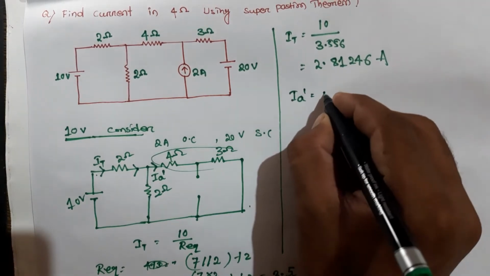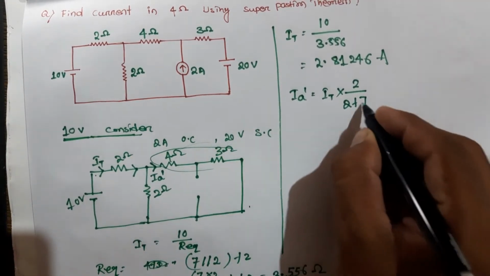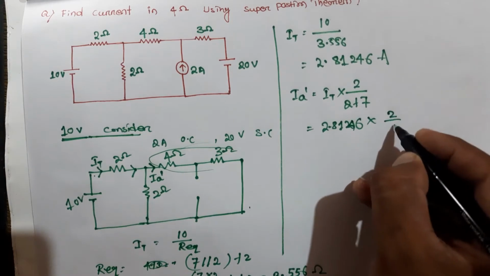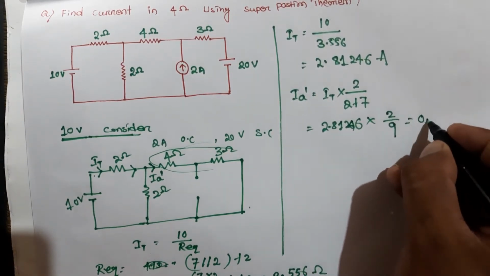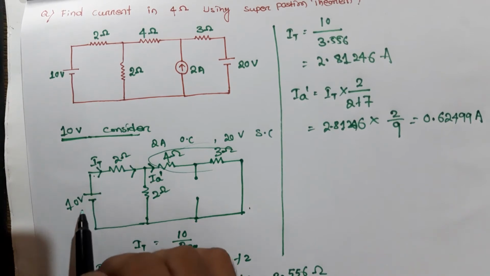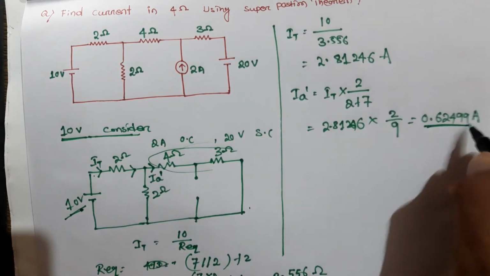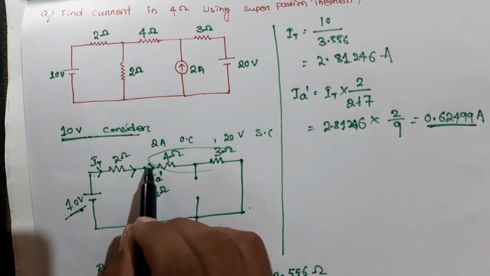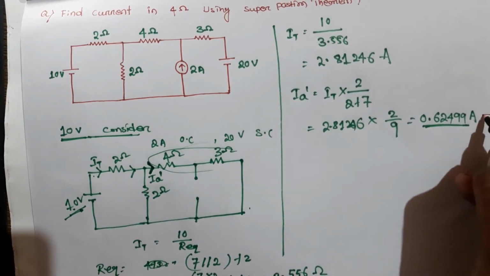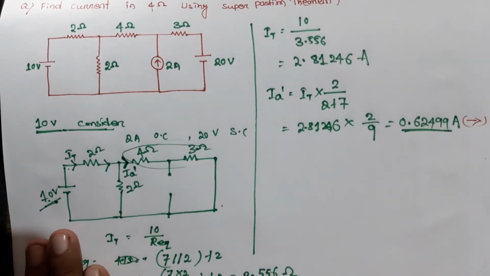IA dash equals total current IT into the opposite branch, this 2 ohm, divided by the sum of 2 plus 7, which is 2.81246 into 2 divided by 9, equal to 0.6249 ampere. So for 10 volt, the current in the 4 ohm is 0.6249 ampere, and the current direction due to 10 volt is left to right. Mention it as left to right.